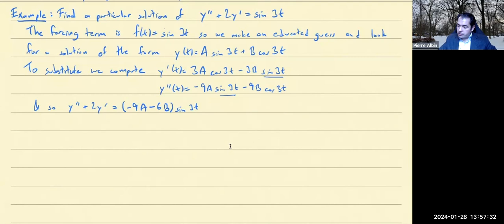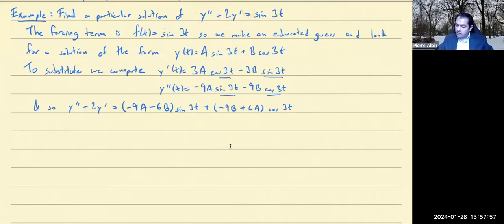And so I take care of the sines. Now let's put together the cosines. So I'll have minus 9b, and then plus 6a cosine of 3t. Right, so that's what I get from plugging in our guess, our ansatz, into the left-hand side of the equation.